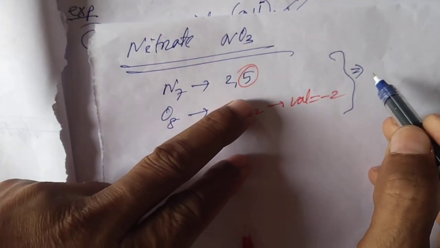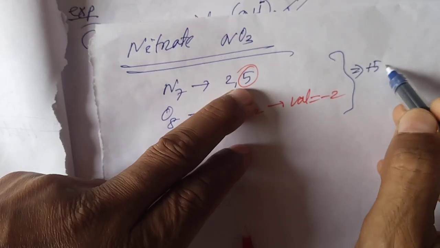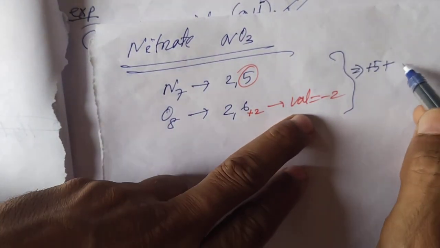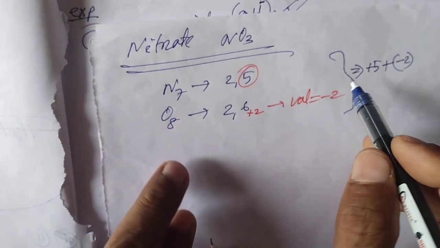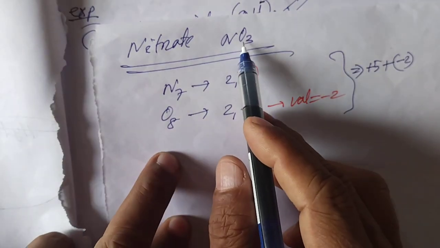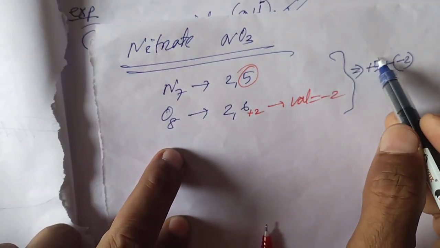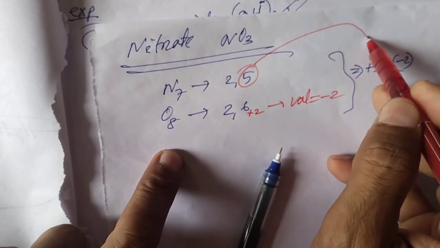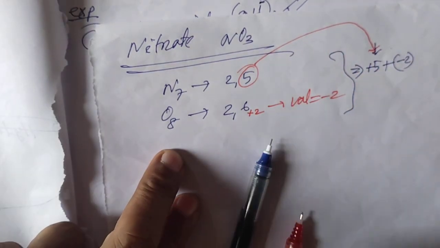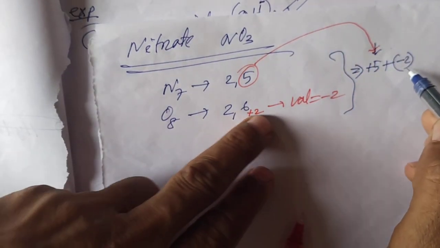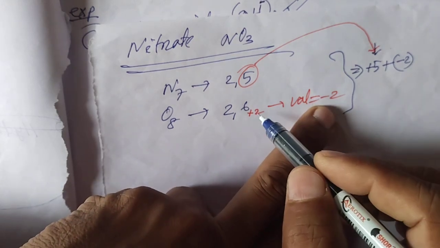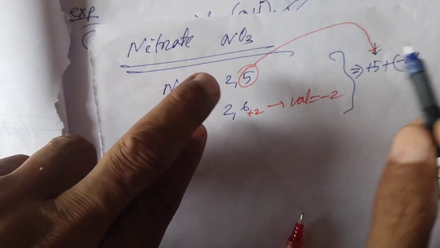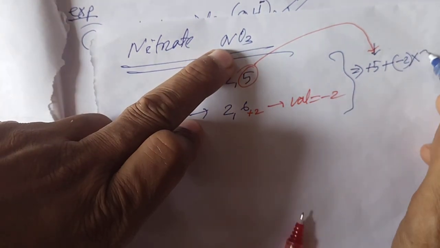First is the valence electron of the other element, positive 5, plus the valency of oxygen, -2. You remember, when any compound of oxygen, you will write the valence electron first, whatever is here, this one is coming here. Valence electron of the other element plus valency of oxygen. Valency of oxygen is -2 because it is borrowing 2 electrons. Multiply by oxygen, how many times here? 3 times.